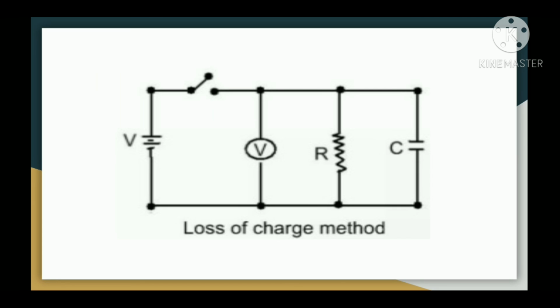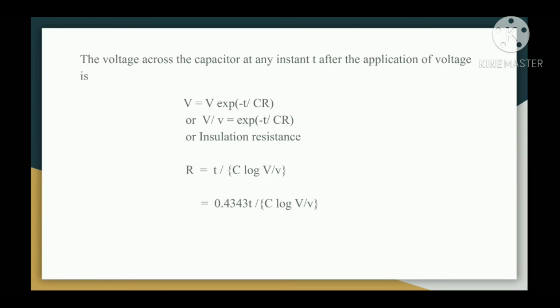In this diagram you can see there is a supply voltage V, voltmeter, resistors and capacitor, and one switch is connected. The voltage across the capacitor at any instant t after the application of voltage is v is equal to V exponential of minus t upon C into R, or v upon V is equal to exponential of minus t upon CR.